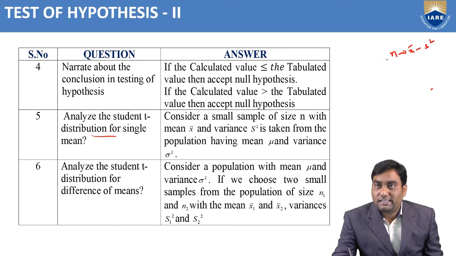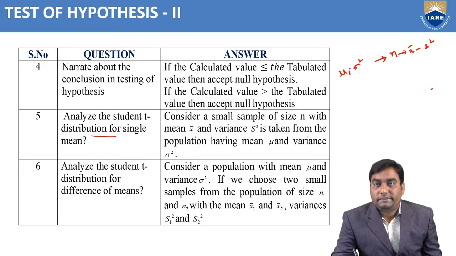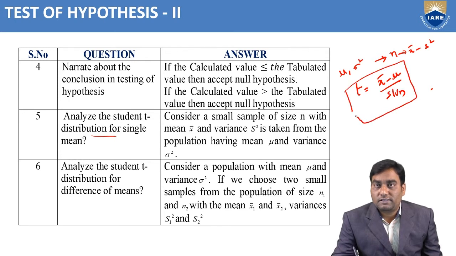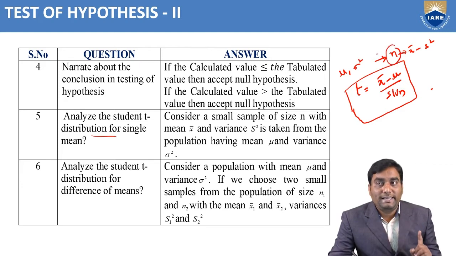If you take this sample from a population with mean mu and variance sigma square, then we can use the test statistic t equal to x bar minus mu by s by root n. This is the calculated value for t distribution for single mean. The sample size is small and it should be only one sample.